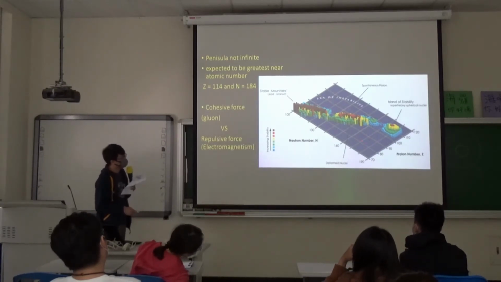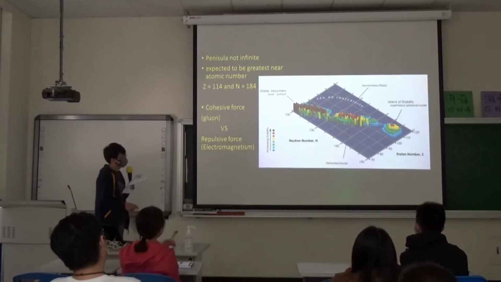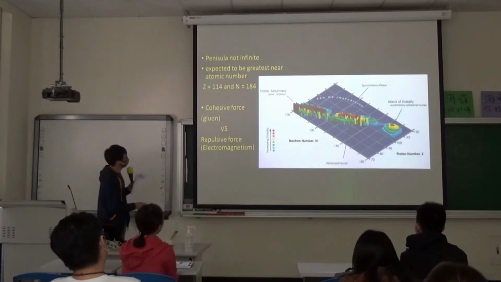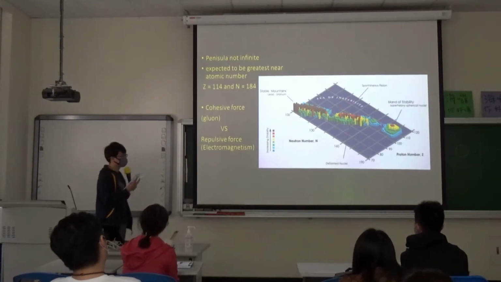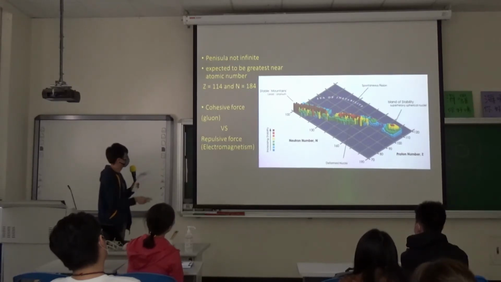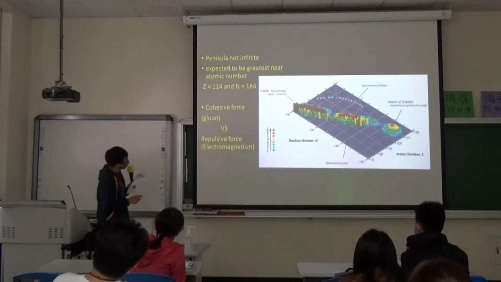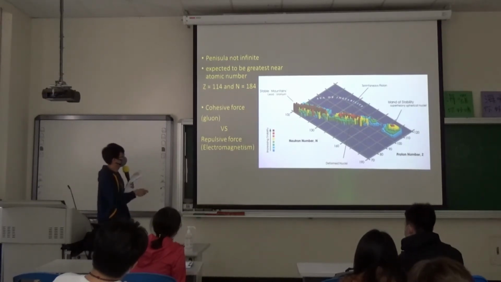Let me talk about why we haven't found it. In the nuclide there are two particles, neutrons and protons, and there are two forces. One is the cohesive force, which we call the Coulomb force in this lecture, and this force holds the particles together.